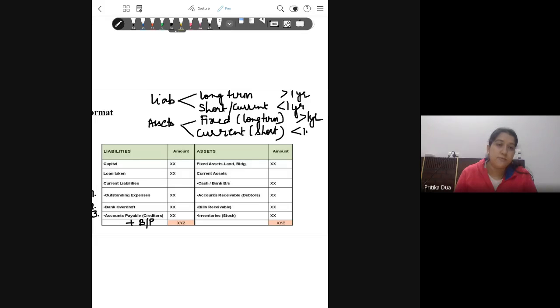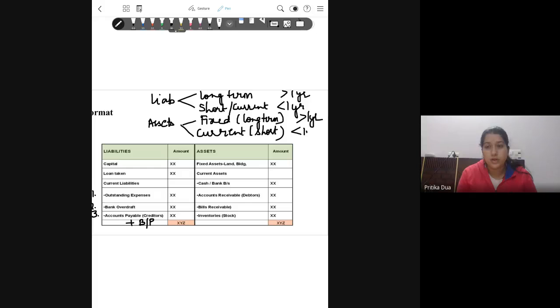Land, building, plant, machinery, furniture, fixtures, these all are fixed assets. First we write these, after that we write current assets. In current assets you have cash, bank balance, accounts receivable, which is basically debtors and bills receivable, and stock or inventory, which is your closing stock.